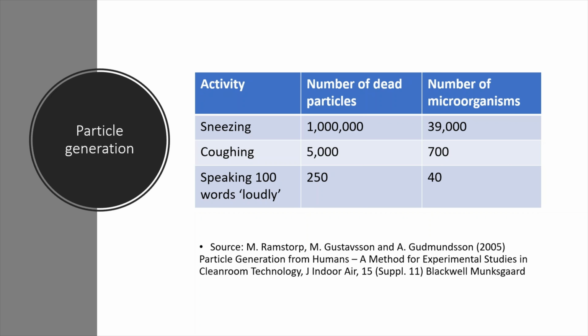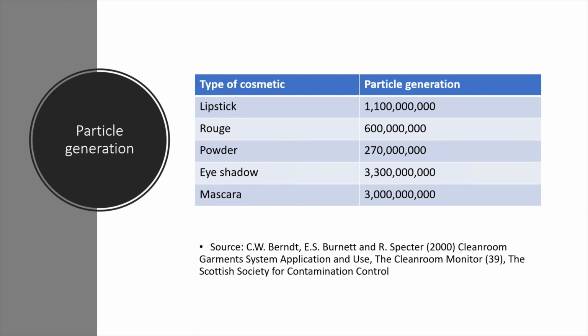We can also add further data. So here is another slide, and this is research dating to the year 2000. And this is looking at why cosmetics should not be allowed into clean rooms. And you can see the relative difference of different types of cosmetics and the level of particles that they will generate.